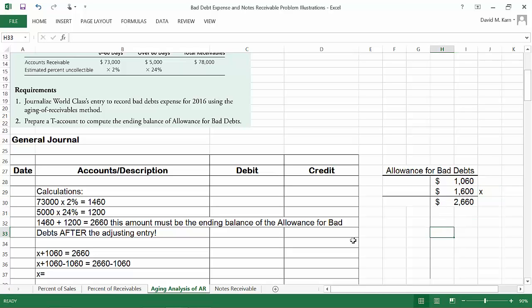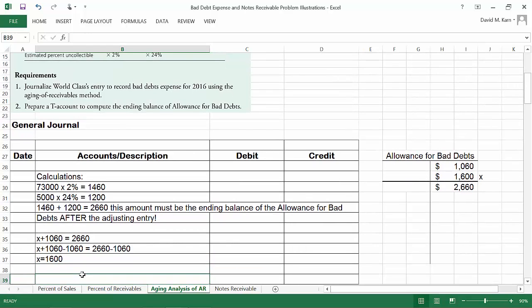I'll put X there just so you know. So we know that X equals 1,600, and we know that we have to do that as our adjusting entry.